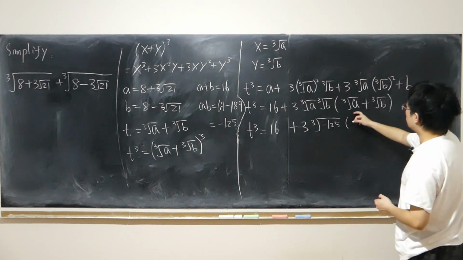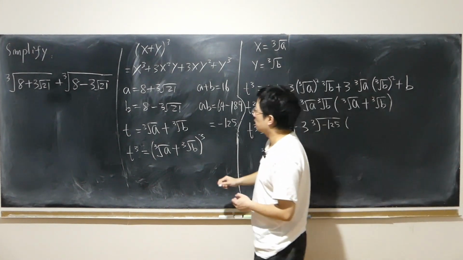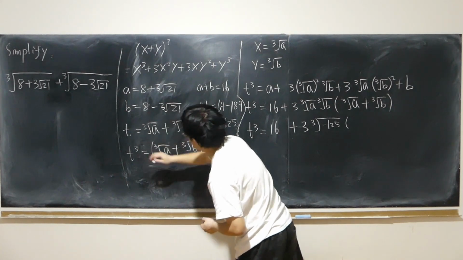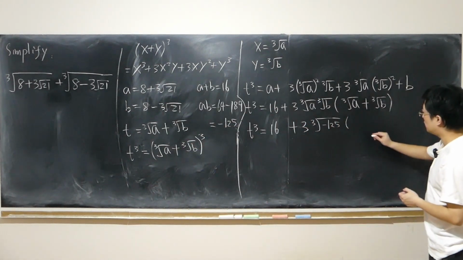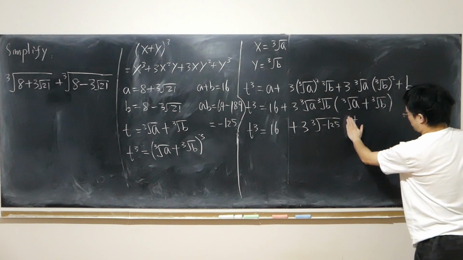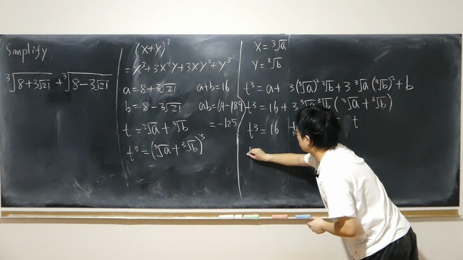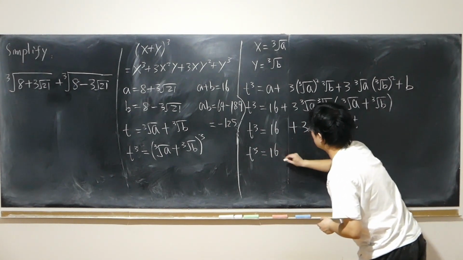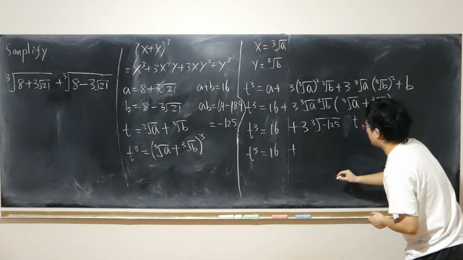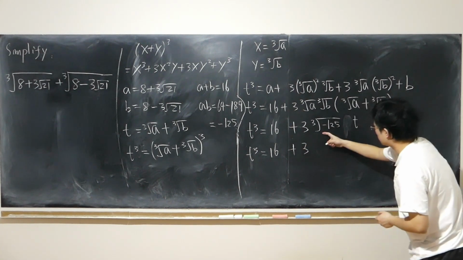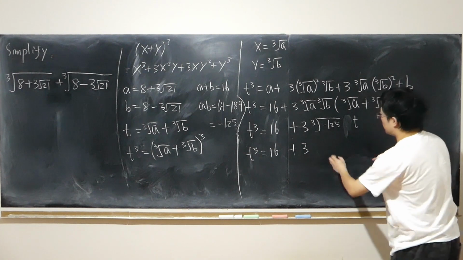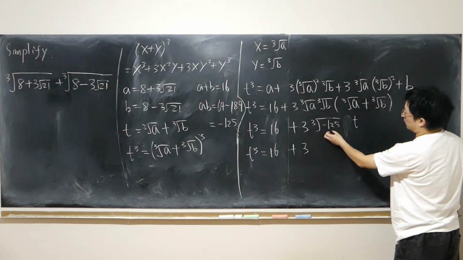So cubic root of a plus cubic root of b. Like I said, I want to find out t, denoted as t. So t cubed is 16 plus 3 times negative 5, the cubic root of negative 125 being negative 5.